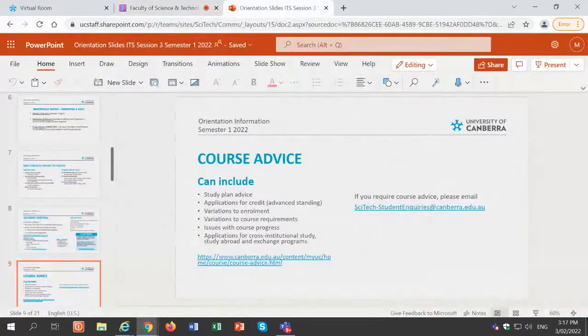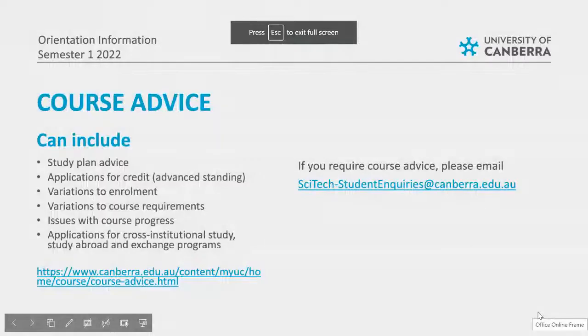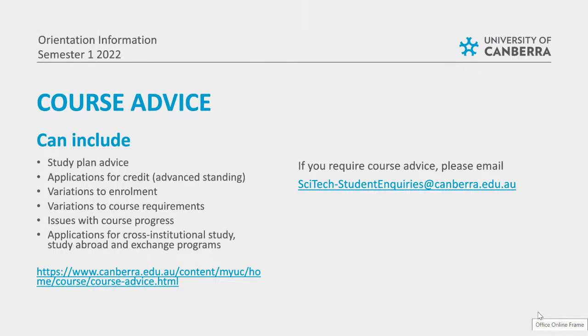All right, so far you have already met the Dean, the Associate Dean of Education, the head of the school, and your program director, which will be me. Again, if you're doing Bachelor of Business Informatics, Bachelor of Engineering Honors, and Master of Engineering. I would just like to go back to what I was saying. If you haven't been to Student Central yet, please make sure that you do, because you need your student ID to be fixed.